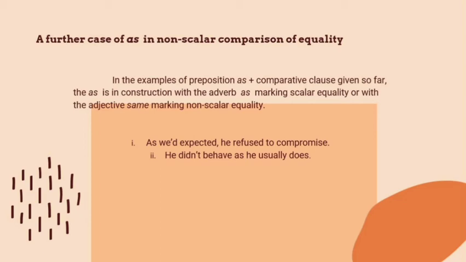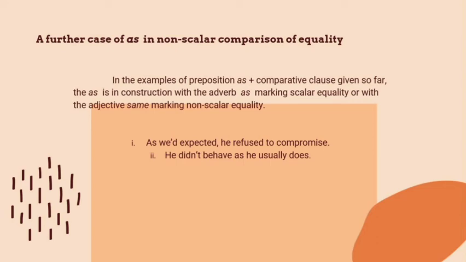As can also occur in non-scalar comparison without any such preceding items to license it. Let's see the examples. One: As we expected, he refused to compromise. Two: He didn't behave as he usually does.